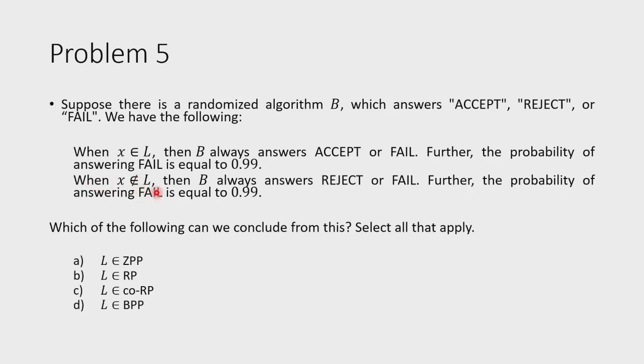When X is not in L, then B always answers reject or fail, and the probability of answering fail is equal to 0.99 again. Which of the following can we conclude from this statement? Select all the options that apply. The options are L is in ZPP, L is in RP, L is in co-RP, and L is in BPP. Would you like to guess what the answers are?